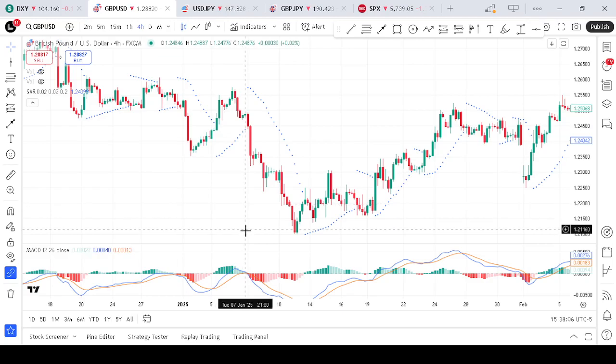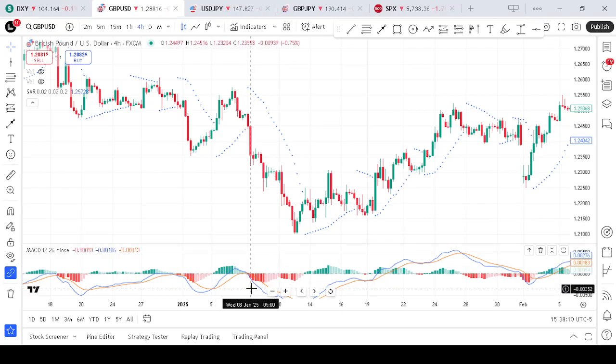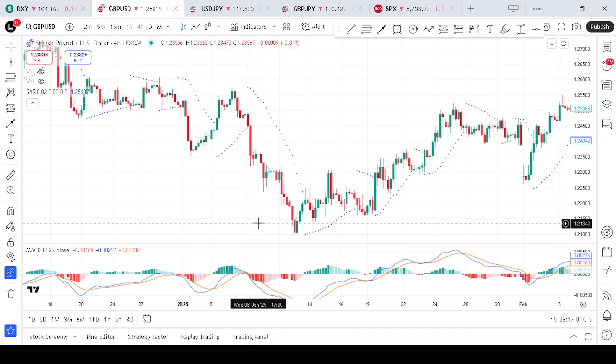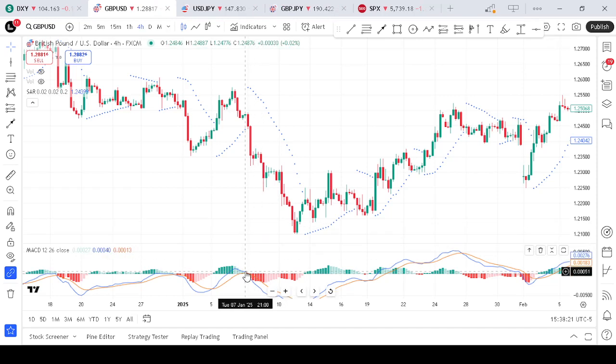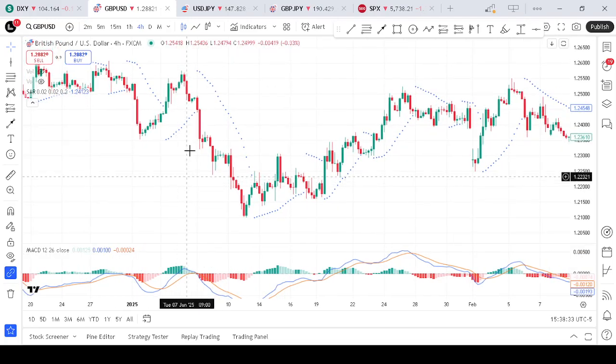If it crosses below the signal line, as we can see from this area, the MACD line, which is this blue line, crosses below the signal line, showing yes, we are meant to look for selling opportunities. The last thing we need to confirm is the histogram, whether the histogram turns to the negative side and starts decreasing. This shows that yes, the momentum of the sellers is in the market.